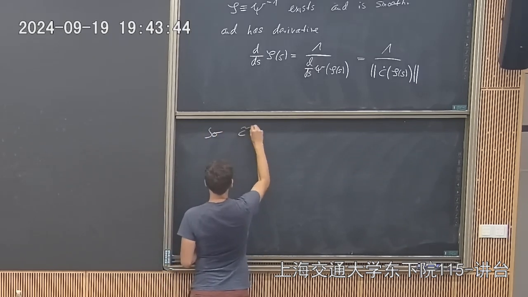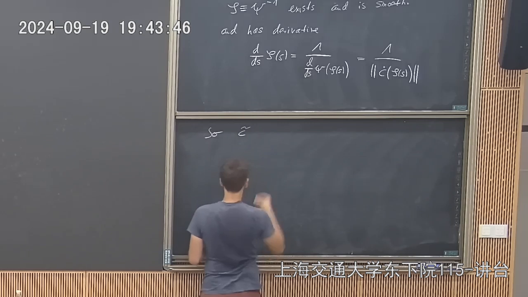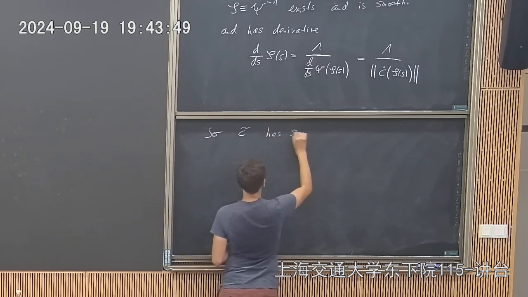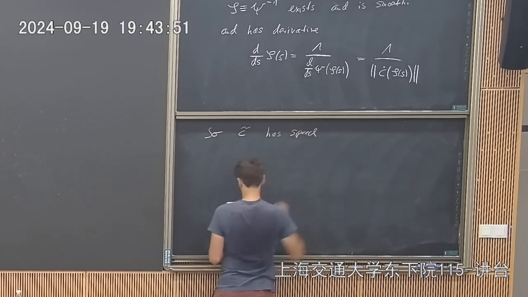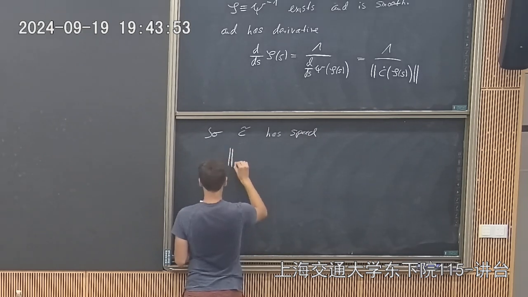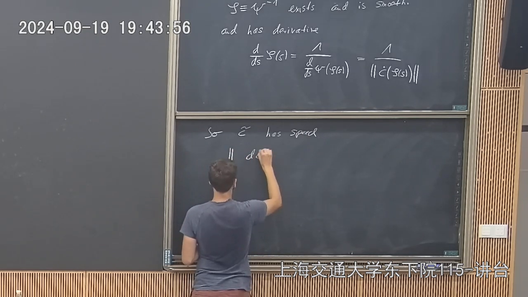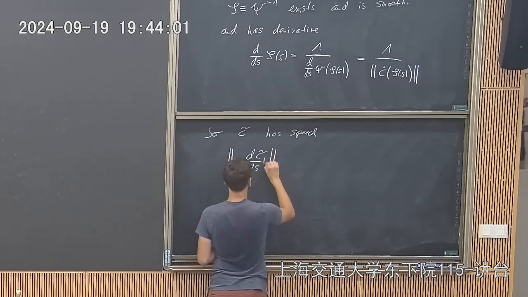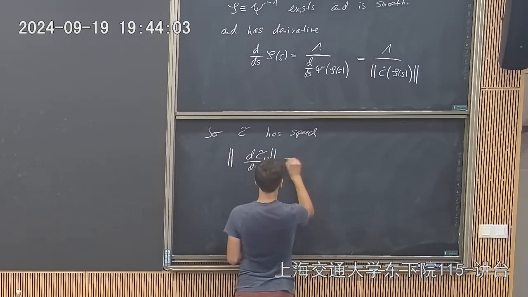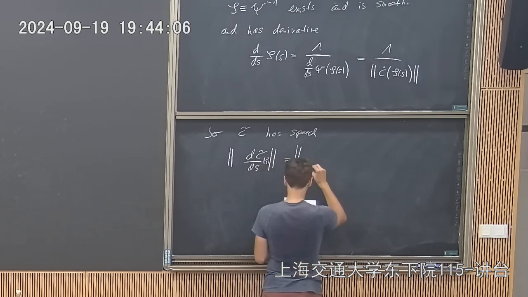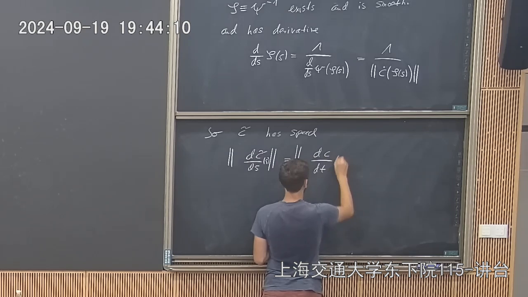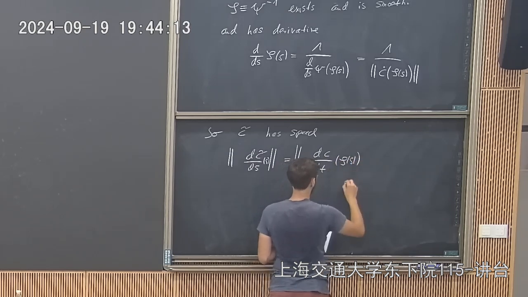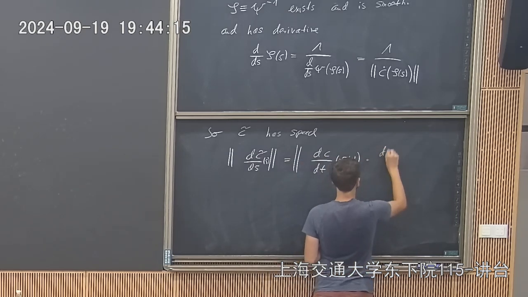So the curve C tilde, which was defined over there, has speed, which we calculate again. We just use the chain rule for that. So that's d of dt, phi of s, times the derivative of s, of phi.